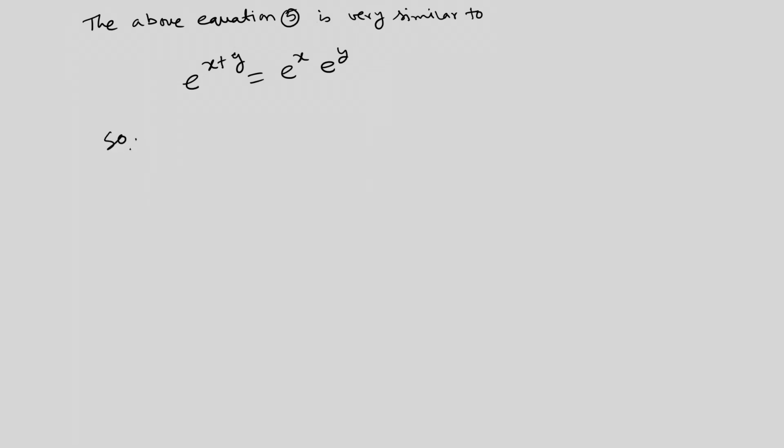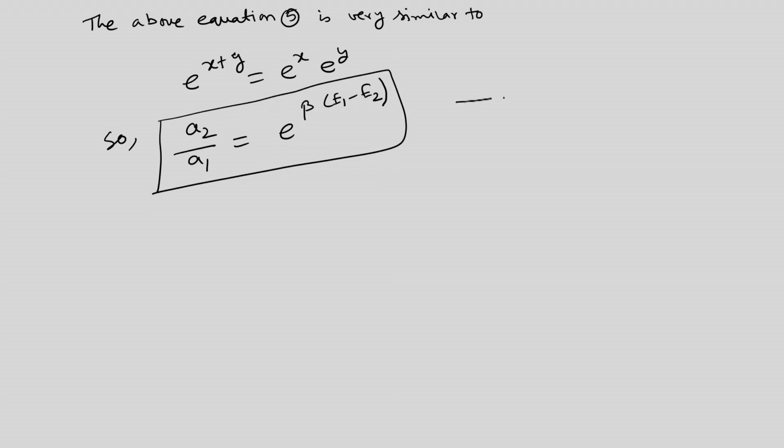So, we can write A2 by A1 is nothing but e to the beta times (E1 minus E2). This is our equation number 6.